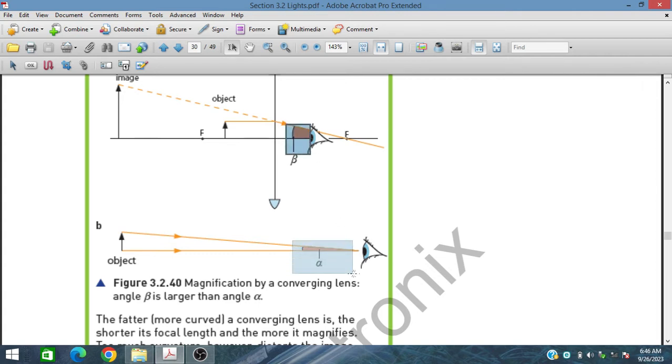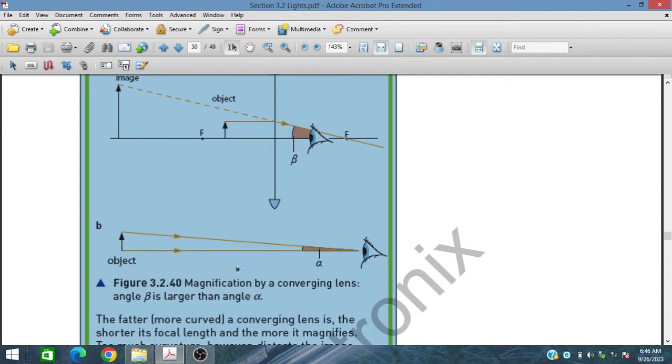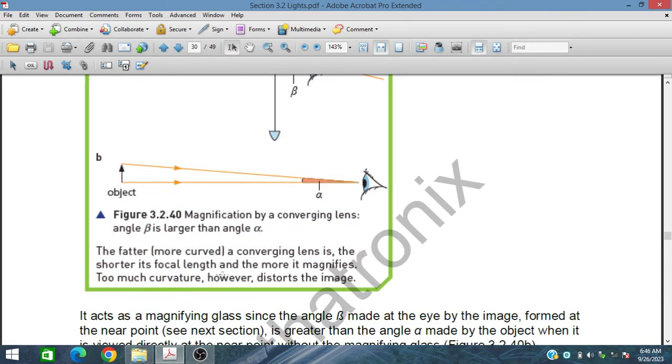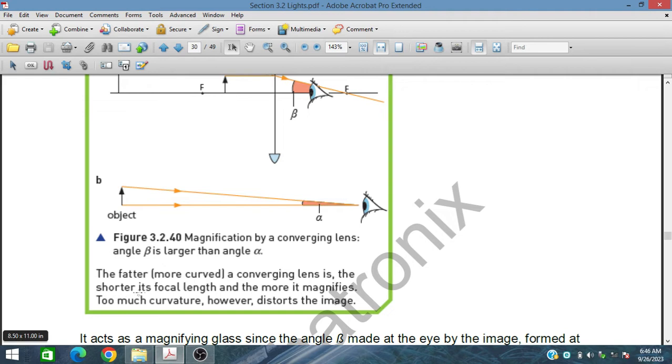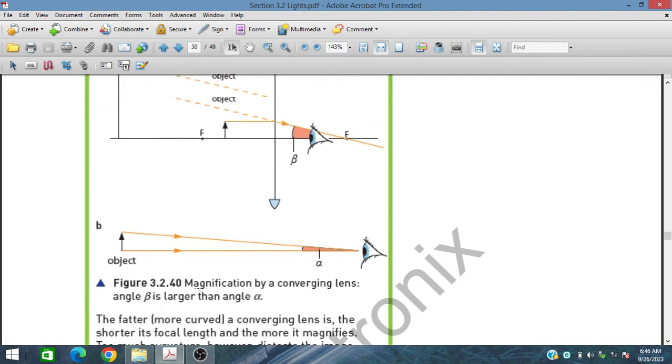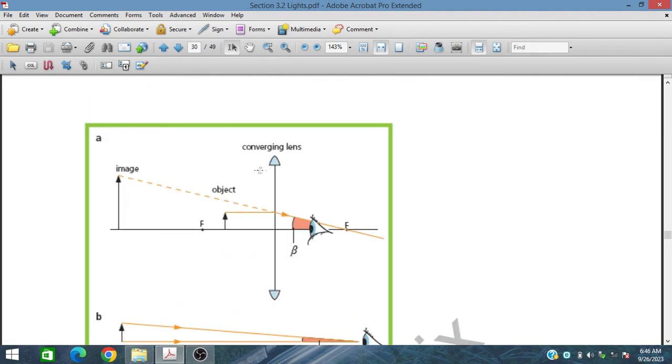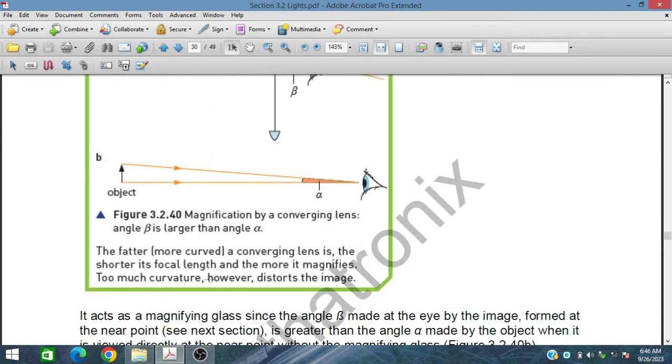We can see that the fatter, more curved a converging lens is, the shorter its focal length. If the lens is fatter, then its focal length will be shorter, and the more it magnifies. Too much curvature, however, distorts the image. Keep in mind that if the curvature is too much, then the image will be distorted.